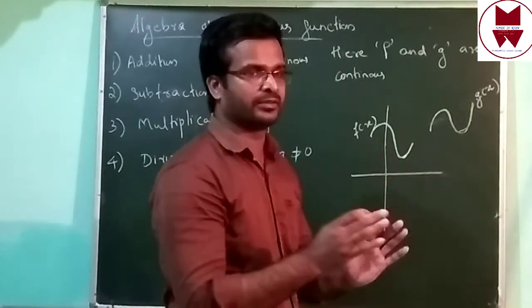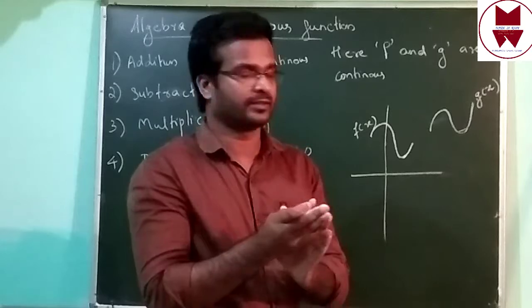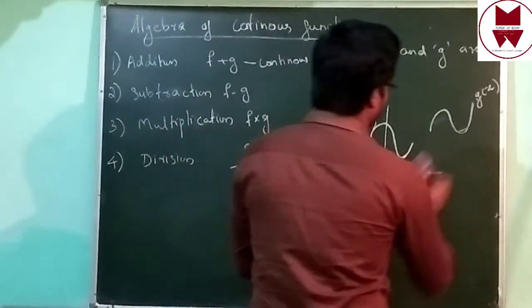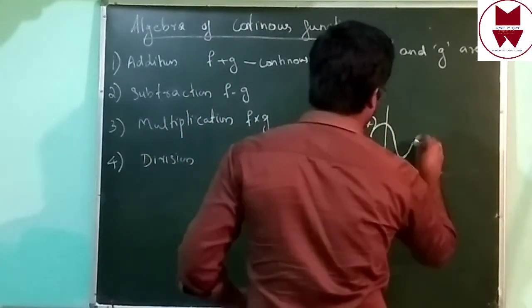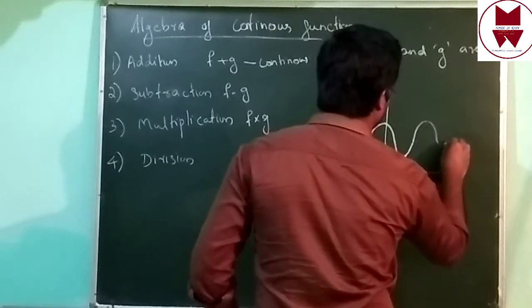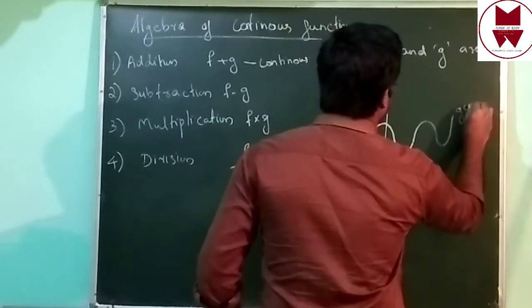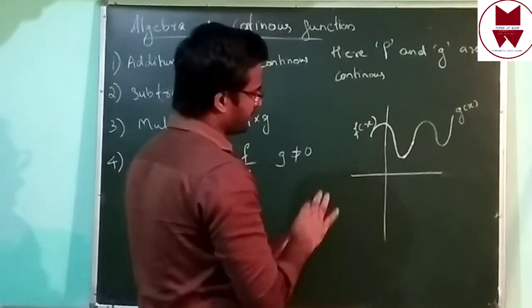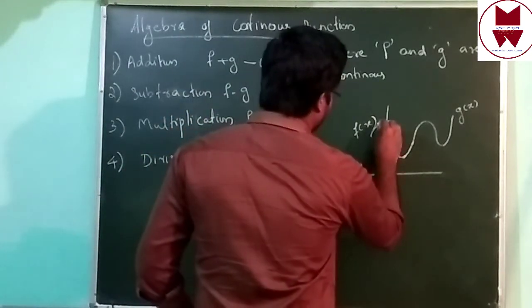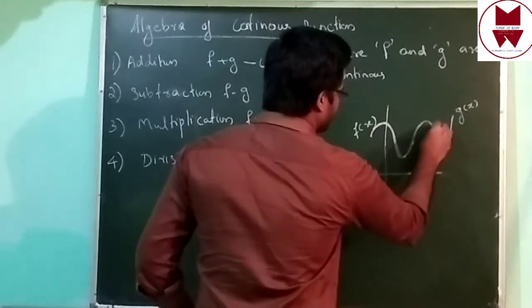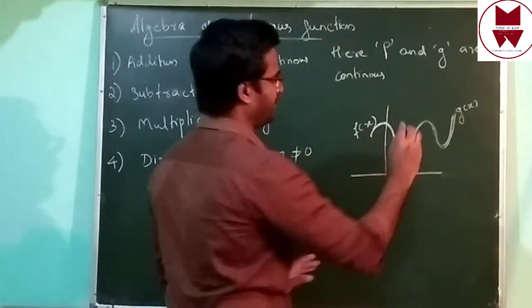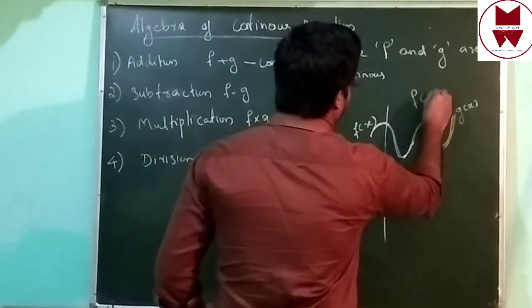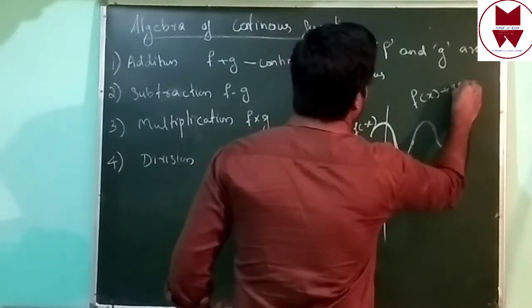Then addition means what? We are going to join those two functions. If you are joining those two functions, this g of x, we can draw here. This is g of x. Already joined here. Then without taking the pen, can you draw this complete graph? We can draw, sure, isn't it? That means we get f of x plus g of x.